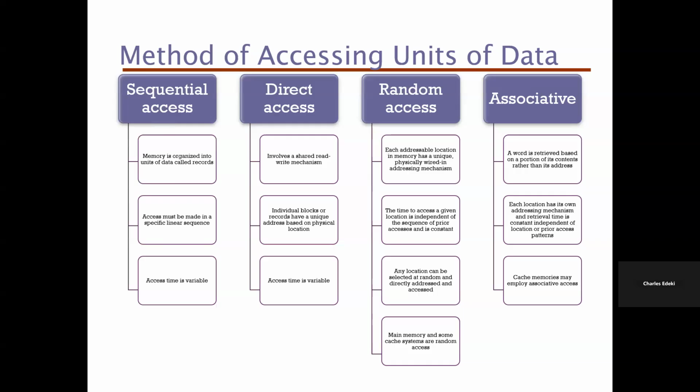So the access time is variable. Direct access involves a shared read-write mechanism, because individual blocks or records have a unique address based on their physical location.